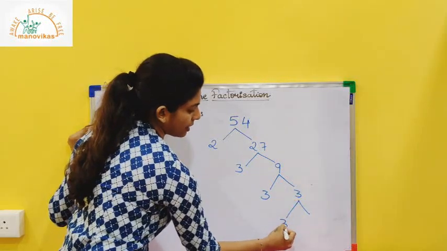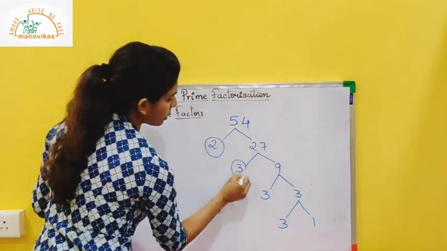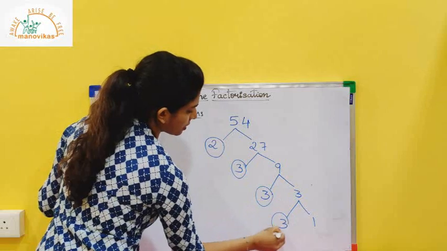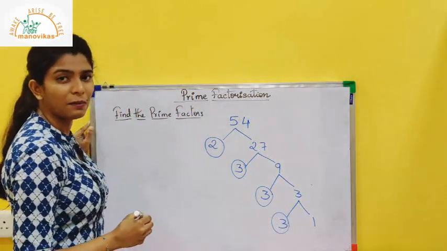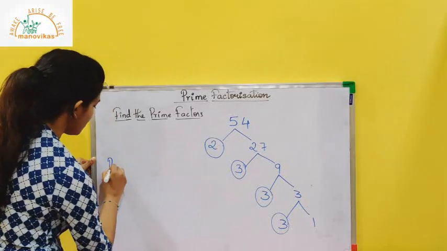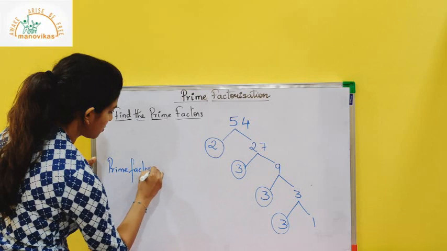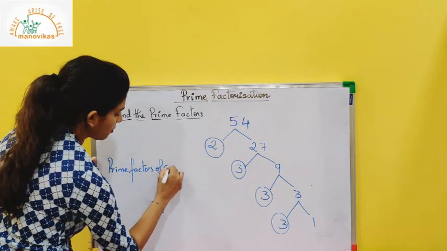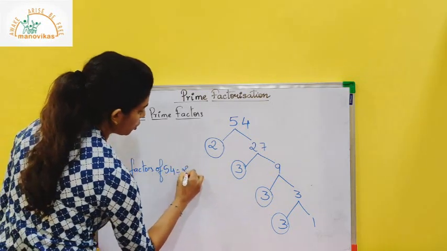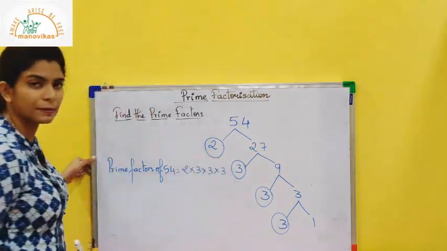And finally 3 1s are 3. 2, 3, 3, 3 are the prime factors of 54. The prime factors of 54 is equal to 2 multiplied by 3 multiplied by 3 multiplied by 3.